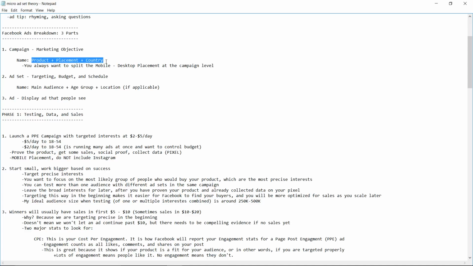Let's call it objective. So normally that's what I'll do. So if I'm selling a trucker t-shirt, I would say trucker shirt conversions USA, right? And if you're only running in the USA, obviously you don't have to designate country.